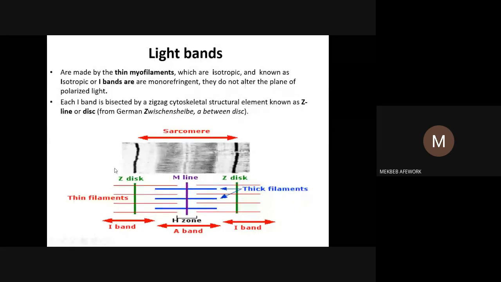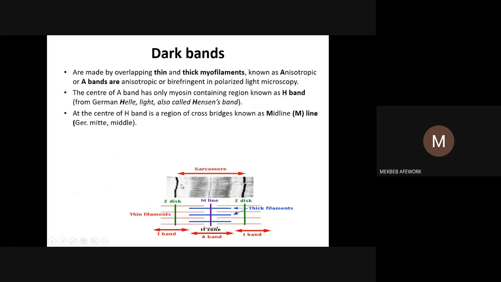So because of this, they are named isotropic. And this I band is bisected by a region named Z disk. So here we have an I band divided by Z disk. Here we have another one divided by Z disk. In between we have the A band. So that's what the I bands are.